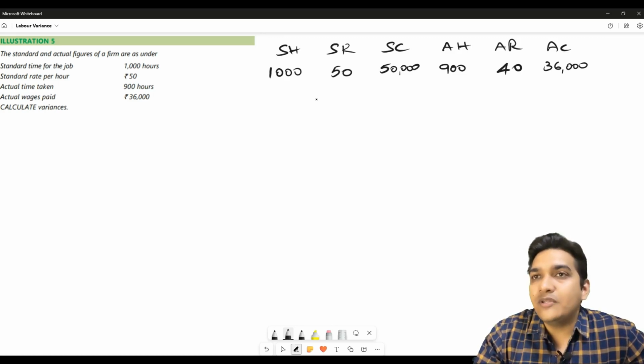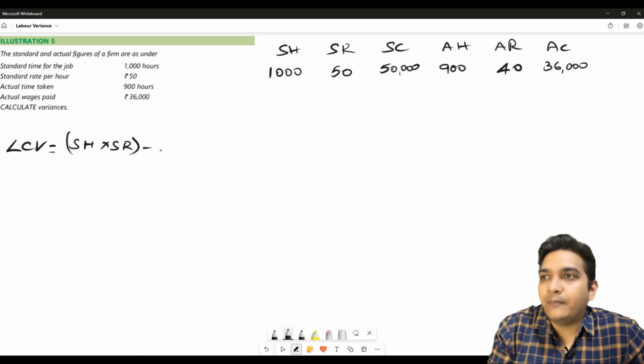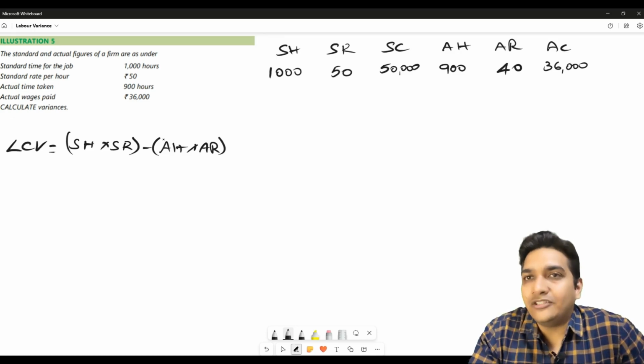So let us see which all variances are possible. First, let us start with the labor cost variance. What is the formula to calculate labor cost variance? Standard hours into standard rate minus actual hours into actual rate. Now, if you look, I have not written actual hours paid.